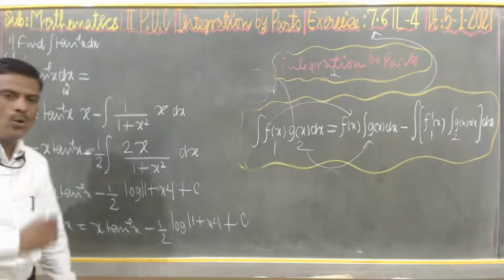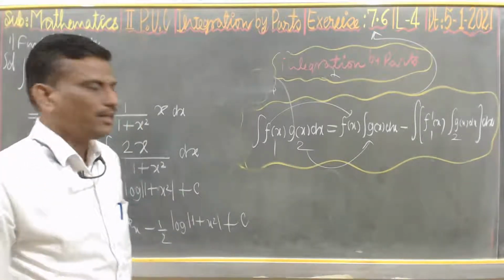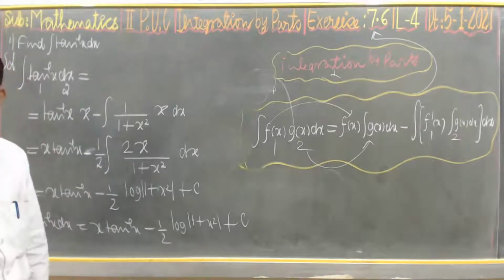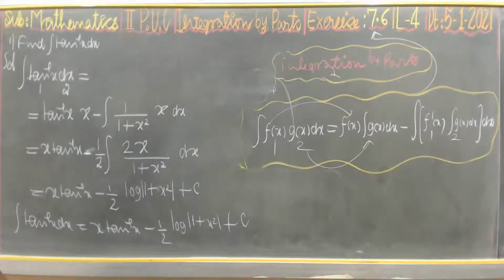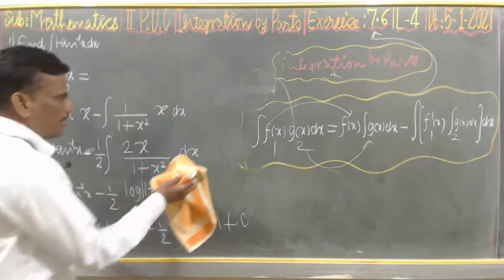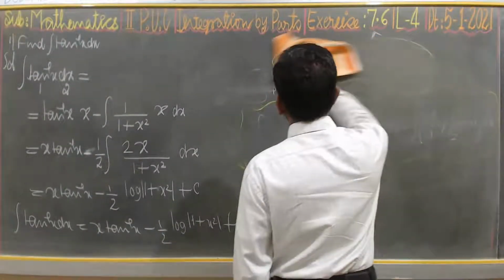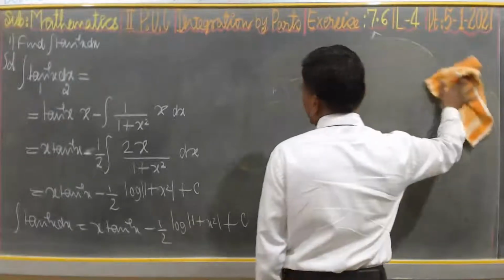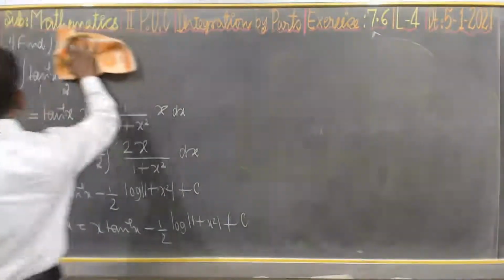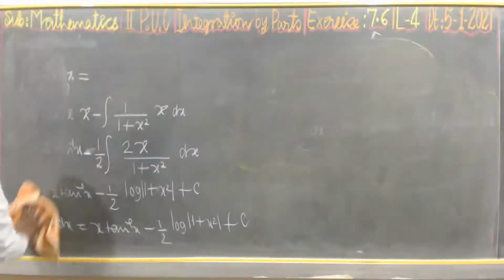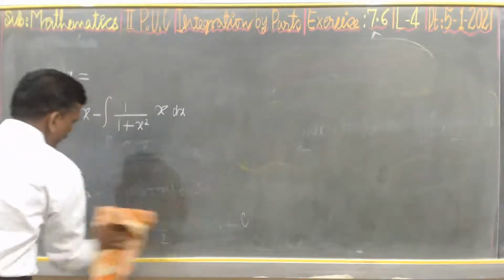So this is the important thing, that we can integrate the inverse trigonometric function with the help of this integration by parts formula, integration of f of x into g of x. So I am going to review this first example solution.